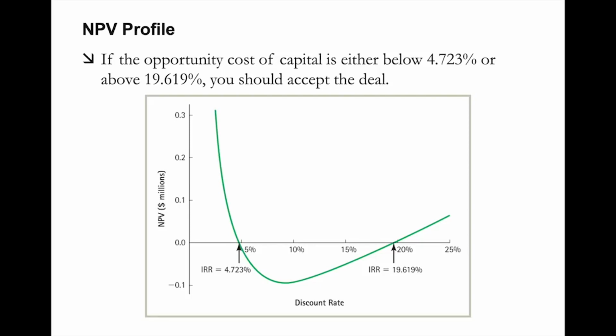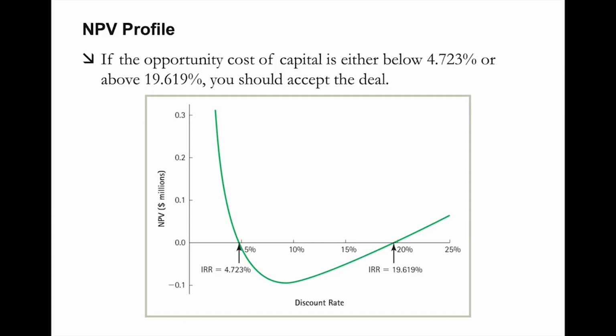So if our discount rate or our cost of capital exists somewhere between 4.723% and 19.619%, we're going to experience a negative NPV. So that means we would reject the project if it existed between those 2 internal rates of return.